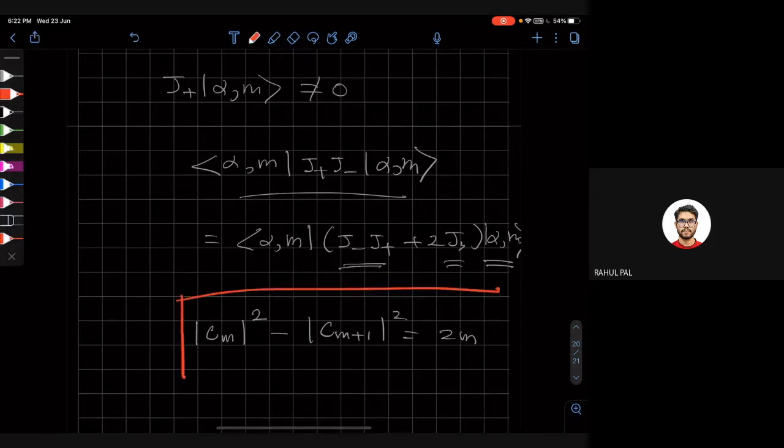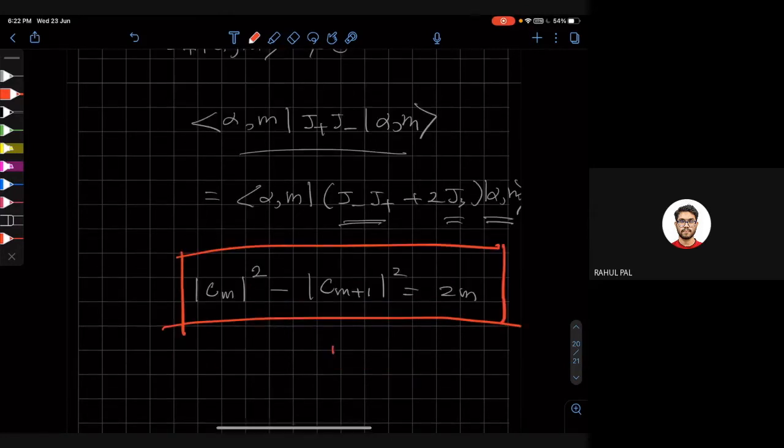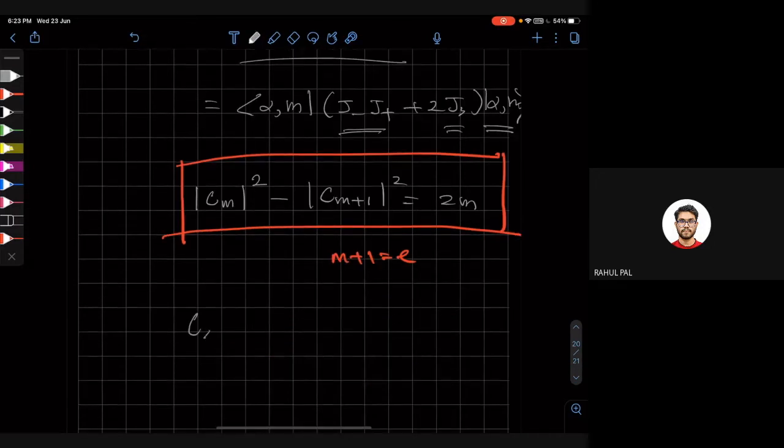So if I set m plus 1 equal to L, and I know what C_L is, then using this recursion relationship, I can find all the other values of C. That's what recursion relationships are good for. If you know the boundary value or one of the values, then you can find all the other values. Fantastic. So we know that C_L is the square root of 2L.